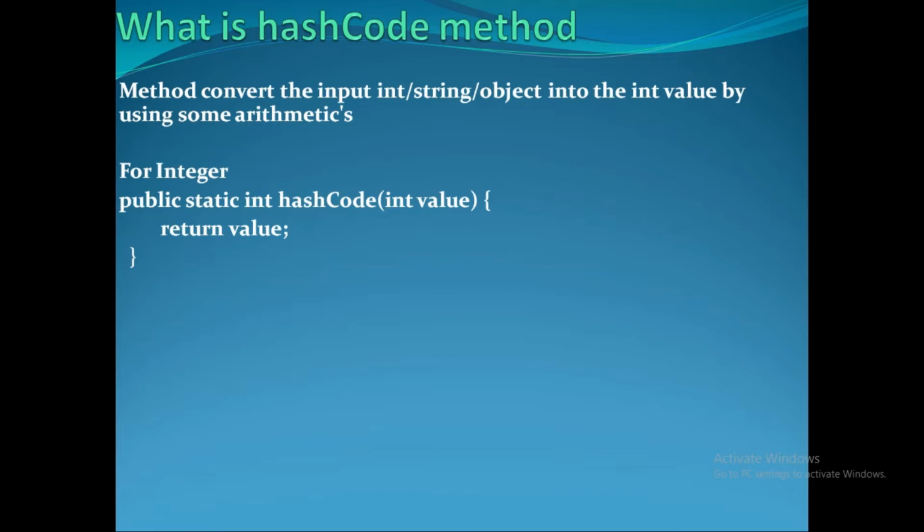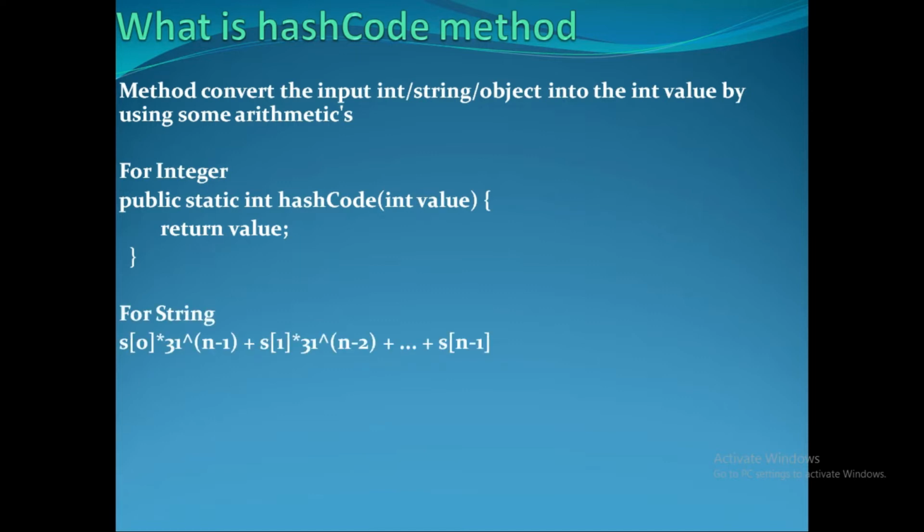That means if I create an Integer with the value 10 and print I.hashCode, it will simply return 10. Whatever the integer value we have, it gives as it is as the hash code value. Okay, this is for Integer. For Integer, it doesn't use any arithmetic or formula, it directly returns the value as it is.